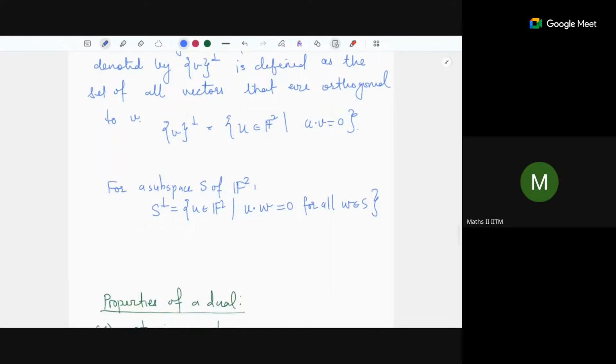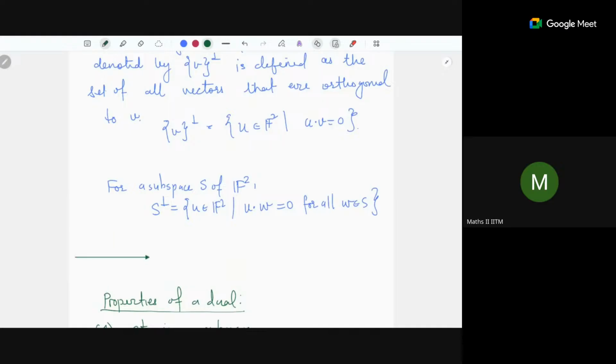Let's take an example to understand things more clearly. Let's say you have the plane R2, and you have a line like this.